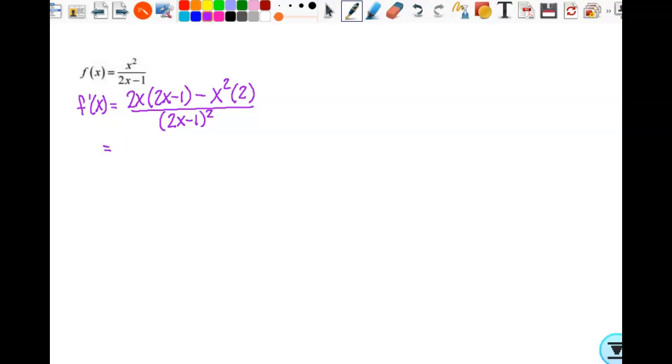I'm gonna distribute this, and so this is gonna give me 4x squared minus 2x squared all over 2x minus 1 squared. Y'all agree with that? Now tell me if I messed up. Okay, so then this gives me 2x squared minus 2x over 2x minus 1 squared.